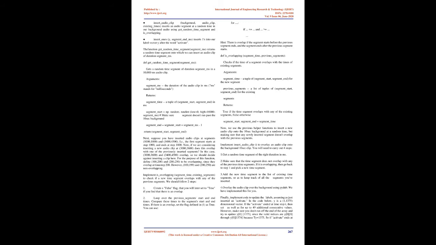Returns: segment_time, a tuple of (segment_start, segment_end) in ms. segment_start = np.random.randint(low=0, high=10000-segment_ms), making sure the segment doesn't run past the 10 second background. segment_end = segment_start + segment_ms - 1. Return (segment_start, segment_end).